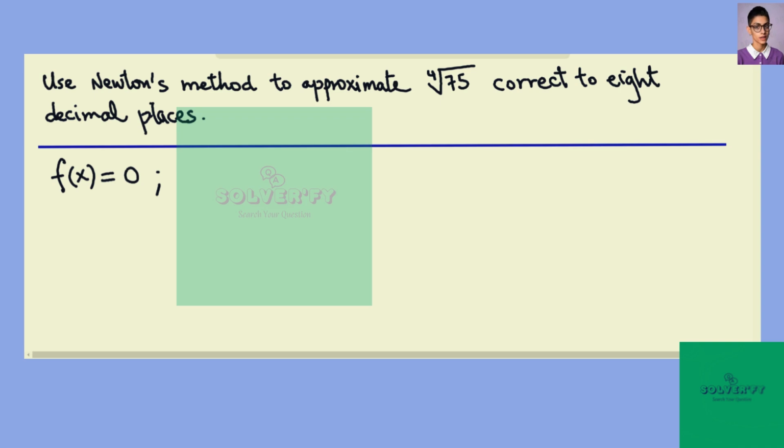And the idea behind the method is that we start with some initial guess, x naught, and if we have something like this is the function, this is the root we want to approximate, and we start with, let's say, some initial guess x naught relatively close to the root in some way.